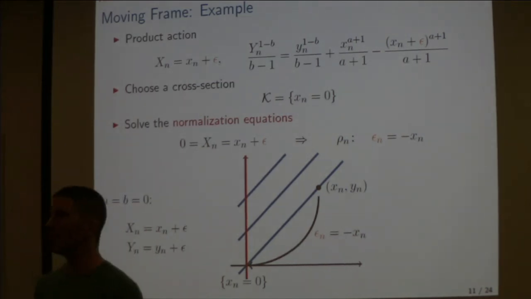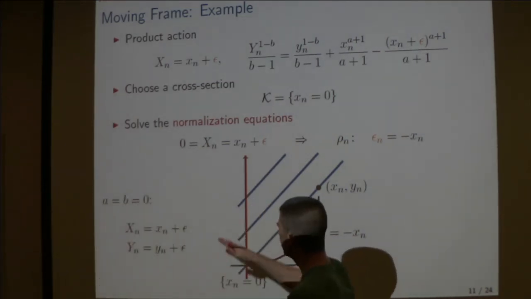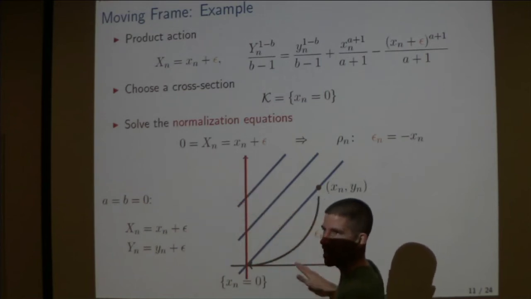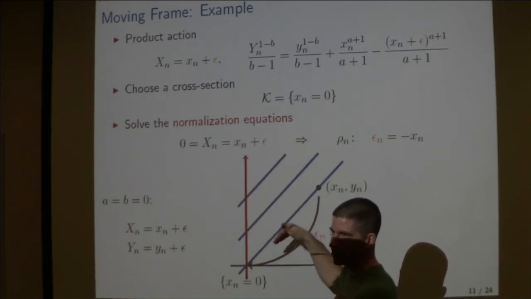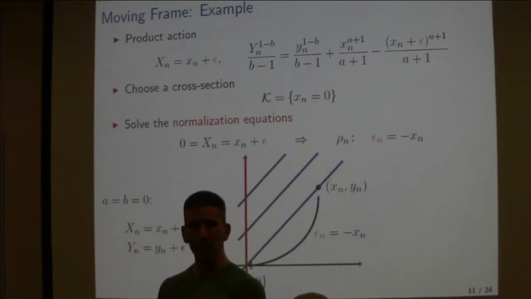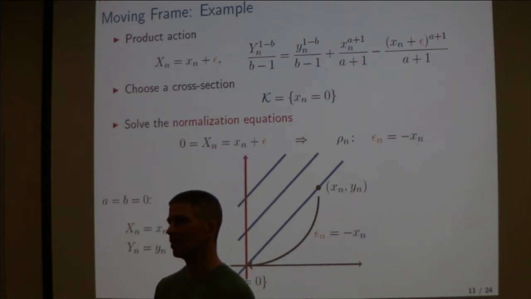So that's an example where geometrically it seems to make sense to want a cross-section perpendicular to the orbits, but if you actually want to solve for the moving frame, that is not something you would want to do. It leads to an algebraic equation which is actually difficult to solve.